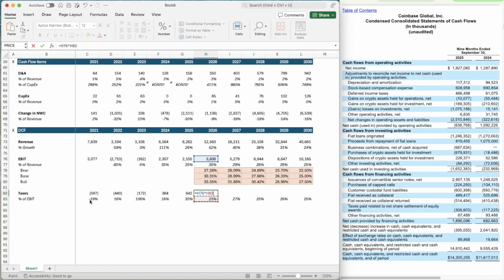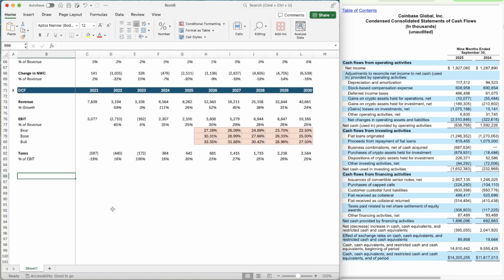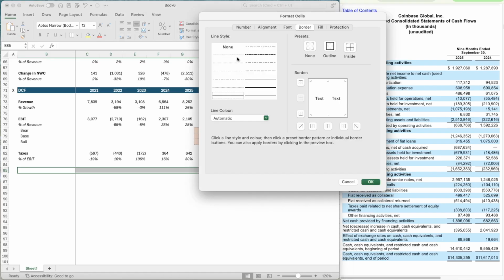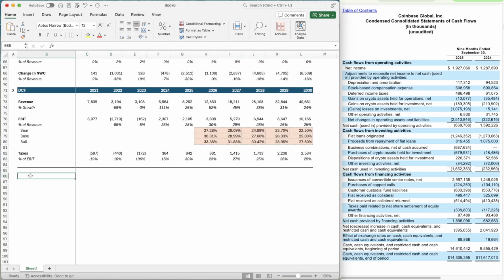EBIT multiplied by the rate. Pull it along. Now we want to work out our EBIAT, our earnings before interest but after tax. Do this by taking the EBIT and simply subtracting tax. Pull it along.